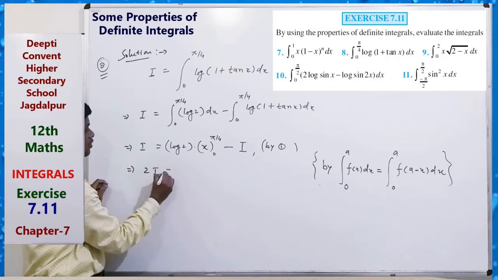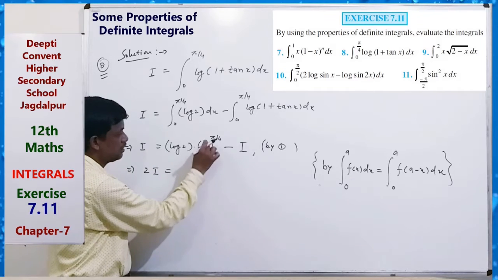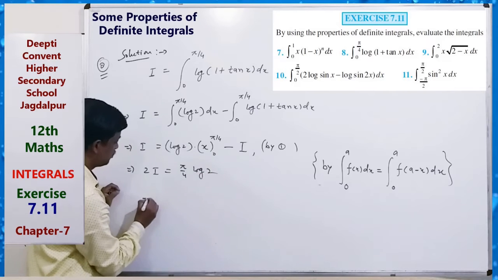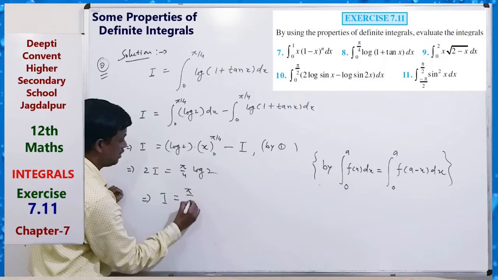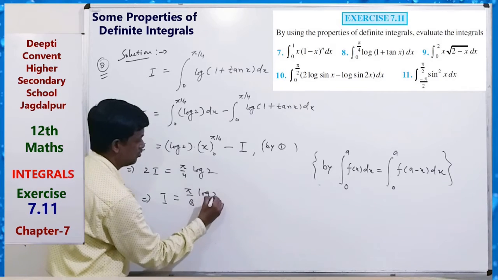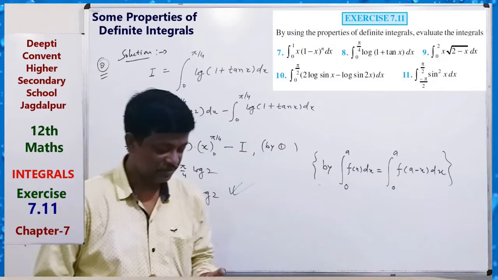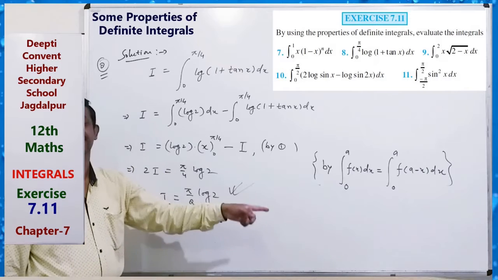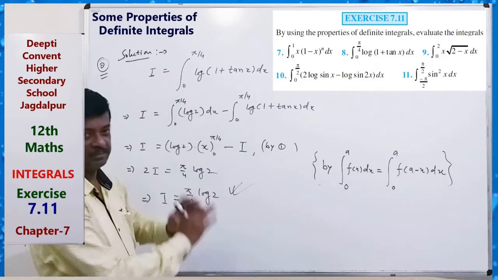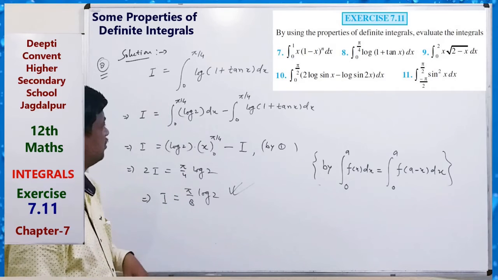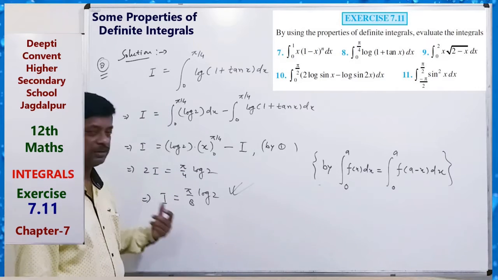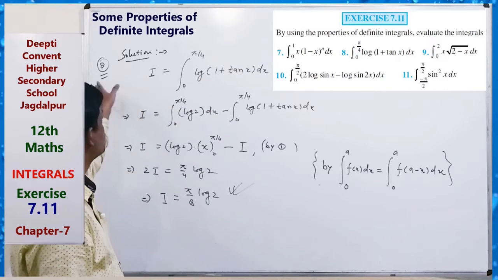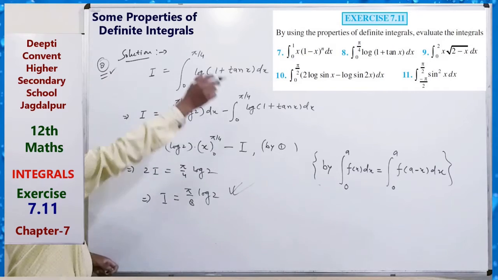So 2I equals pi by 4 minus 0, that is pi by 4, times log 2. So from here I equals pi by 8 log 2. This is the solution. So using this property we can solve the integral: apply the property, see what we get, simplify, and you can get the result. This was the solution of question 8 of exercise 7.11.